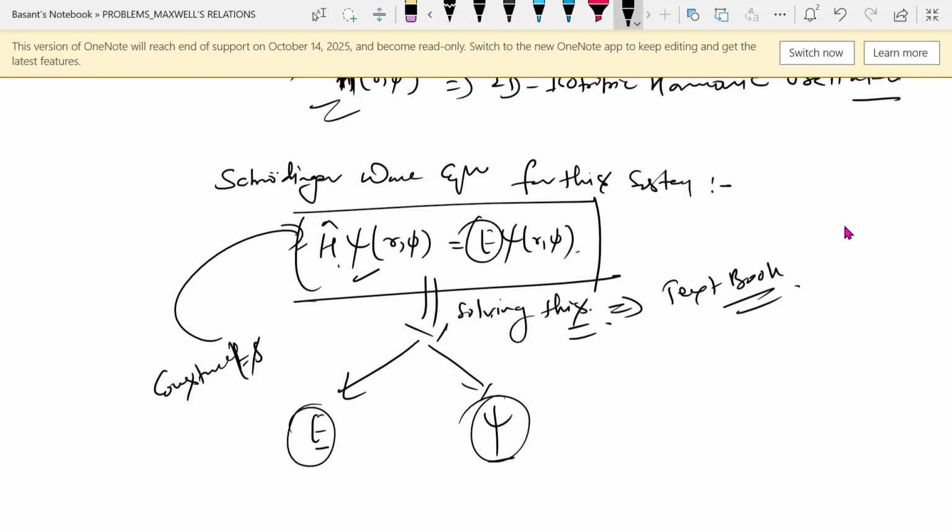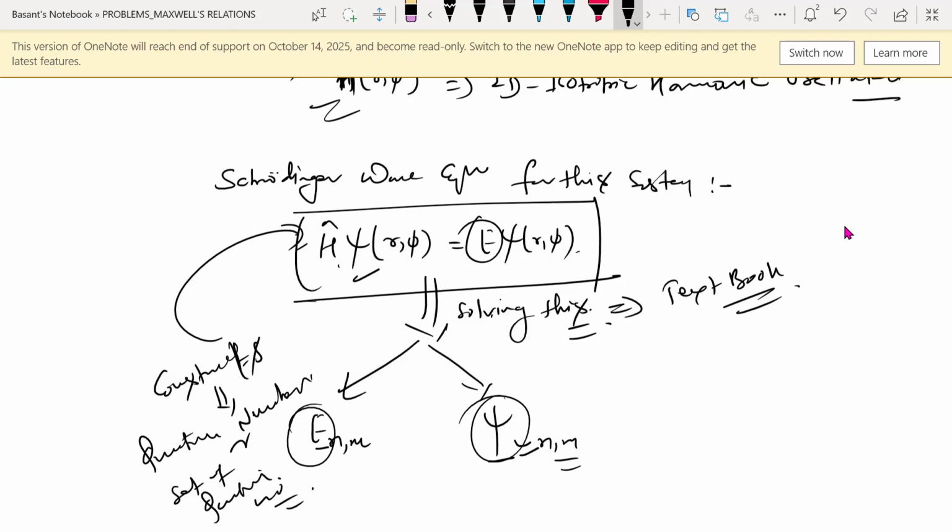And these constants are called quantum numbers, or a set of quantum numbers. So here the energy and the wave function also contain the quantum numbers n and m, because this Schrodinger wave equation is satisfied by two quantum numbers, that is n and m.